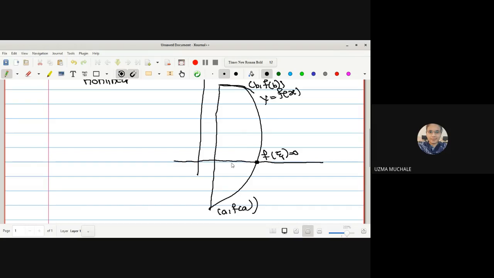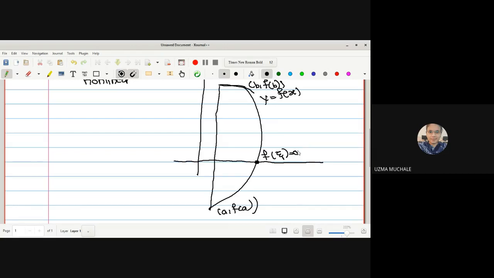There will be some value on the x coordinate here. Whatever the value may be, it is 0, 1, 2, 3, somewhere, whatever the number is. We can call that number zeta, and the corresponding value of y at that x coordinate will be 0.